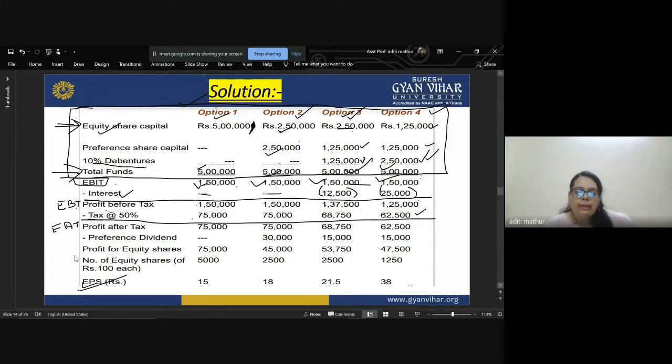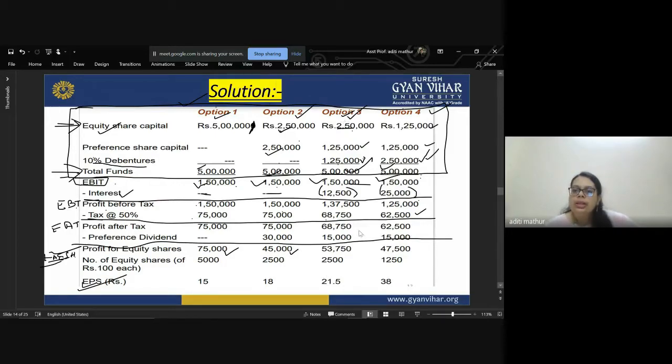So after paying the amount to the preference shareholders, you get the earning available for equity shareholders, right? In option number one, you have 75,000. In option 2, you have 45,000.